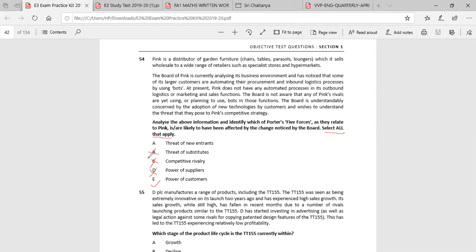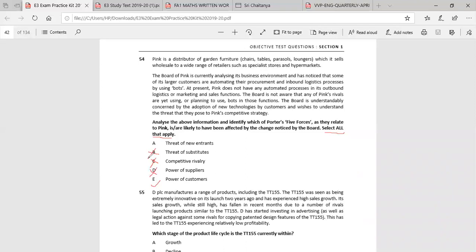It says that the board of Pink is currently analyzing its business environment and has noticed that some of its large customers are automating their procurement and inbound logistic process by using bots.